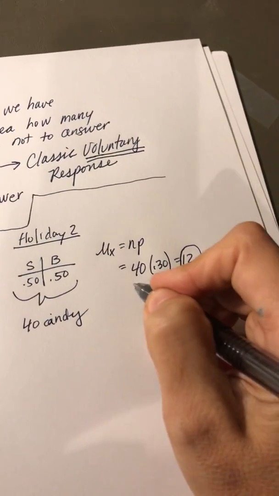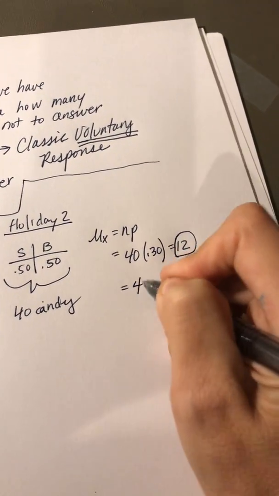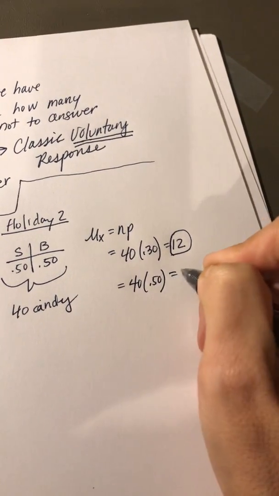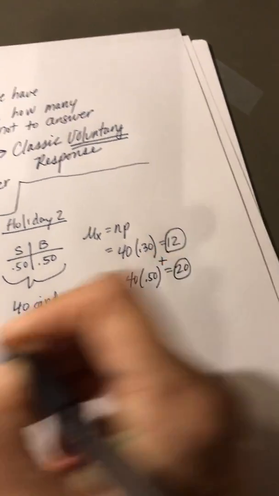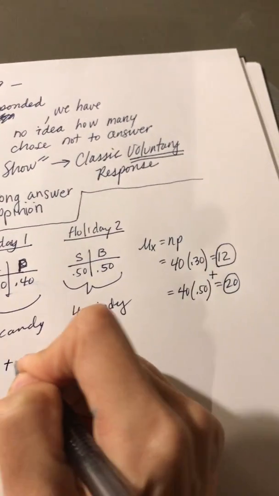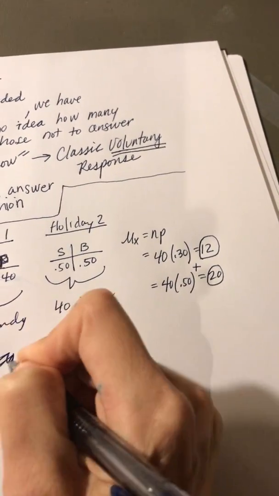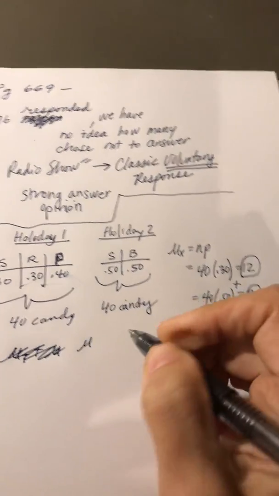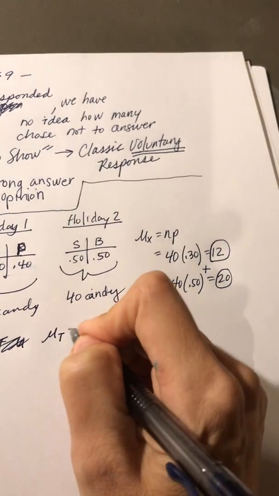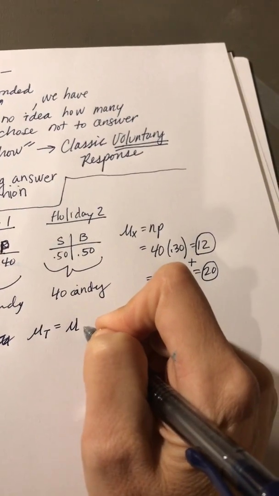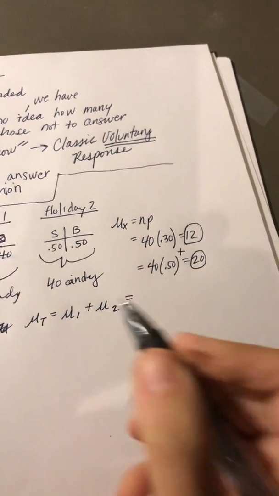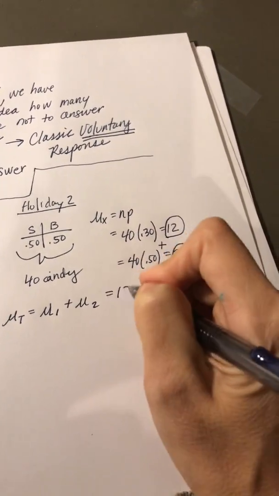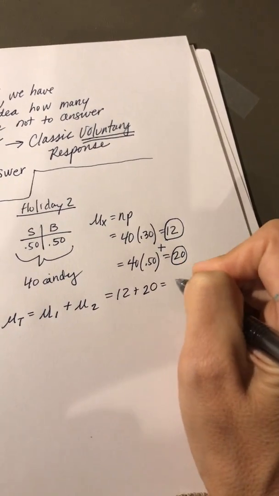And in the other sample, sample 2, 50% of 40 is 20. So if we think about mu total, sorry, it's hard to hold the phone and write at the same time. Mu total is equal to the average of group 1 plus the average of group 2, and the average is really the expected value. So we can add those together.